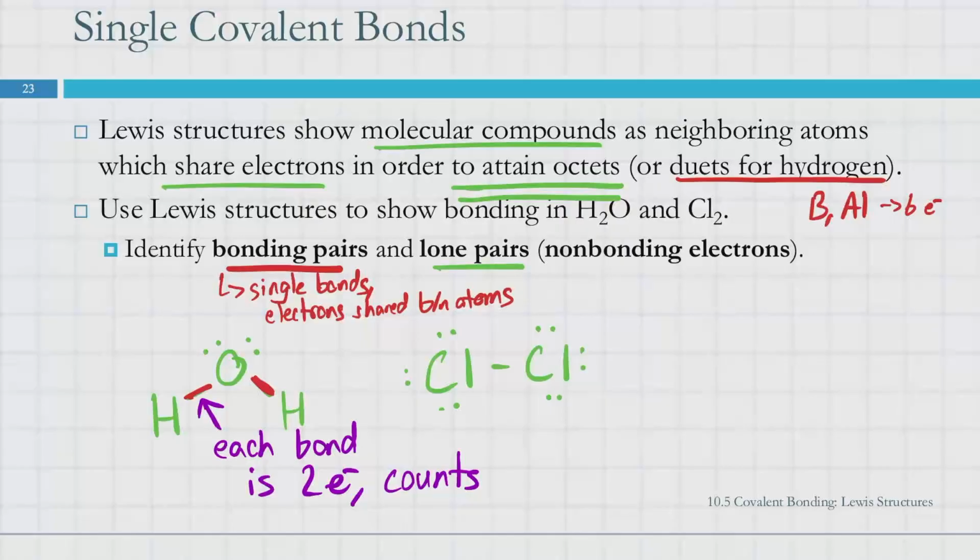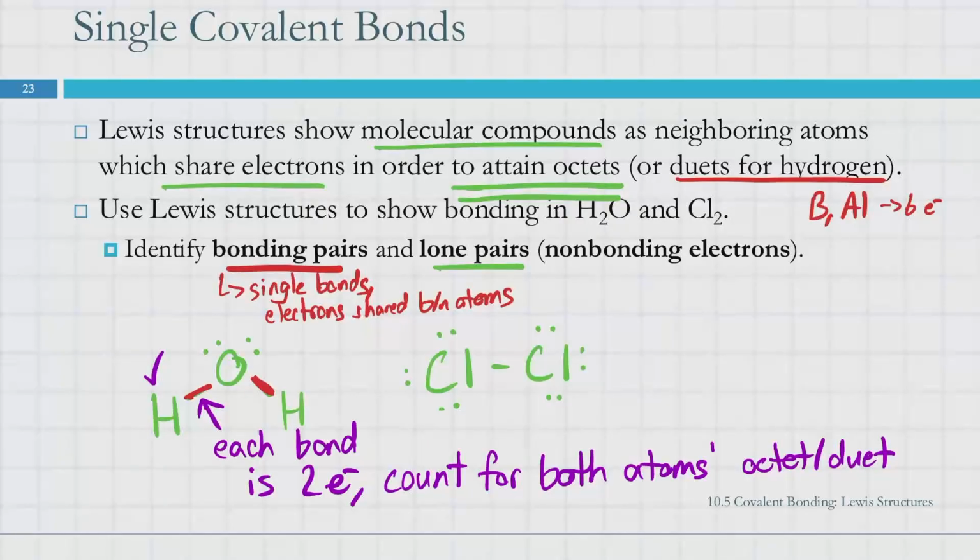And those electrons count for both atoms toward the octet/duet. So hydrogen has 2 electrons on it. That's a duet. It's happy. The other hydrogen has 2 electrons because of the 1 bond, so it's also happy.